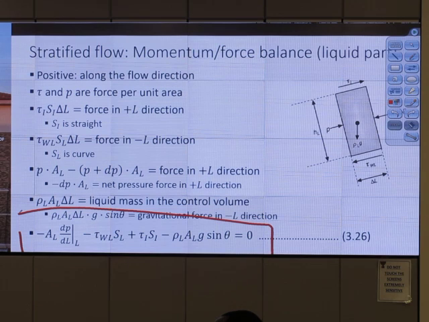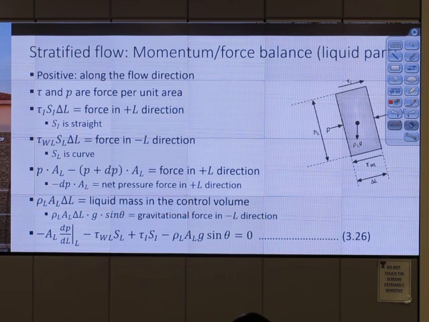You have to do force balance. Force is pressure multiplied by area. So for tau I, what kind of area? Area at the interface, SI delta L, right? That is for tau I. What about tau wall?